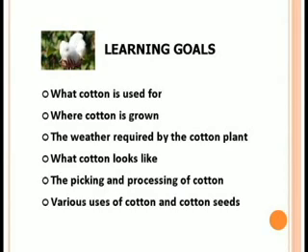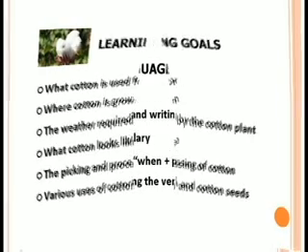Before you start learning the lesson, you need to know the learning goals and language goals of this unit. The learning goals are to give knowledge about what cotton is used for, where cotton is grown, the weather required by the cotton plant, what cotton looks like, the picking and processing of cotton, and the usefulness of cotton and cotton seeds.